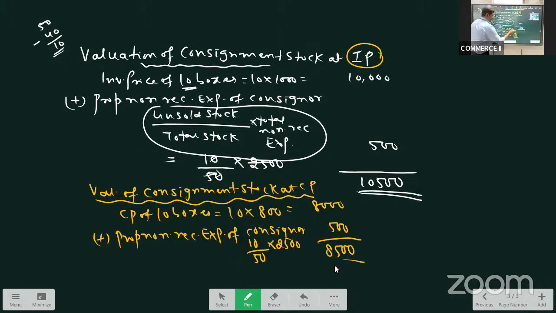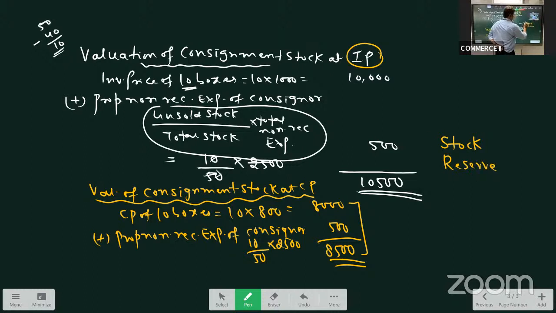See. Pay attention. In case of invoice price method, valuation of unsold stock is done twice. Once it is valued at invoice price and the value arrived at will be credited to consignment account. It will be shown on the credit side of consignment account. Then again, the valuation has to be done at cost price. How much is it? 8,500. Now, what we do is we calculate stock reserve.